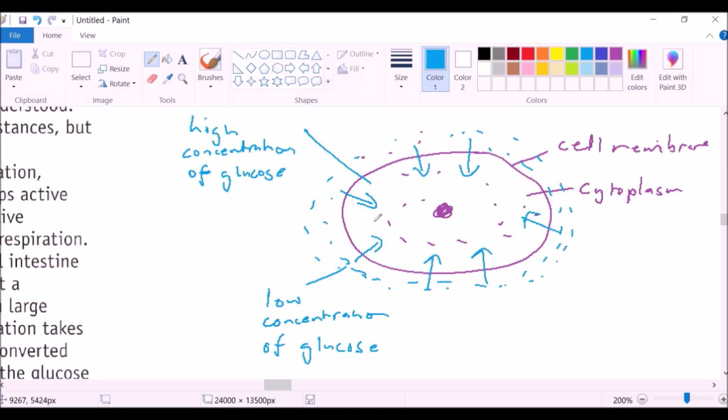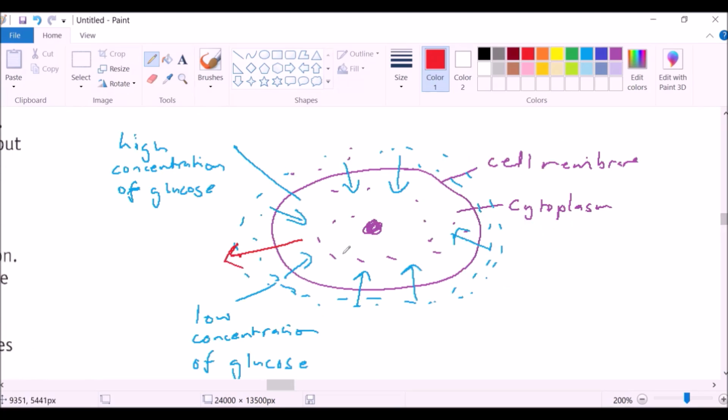Because by diffusion, glucose is supposed to move out from a region of its higher concentration to a region of its lower concentration. But active transport acts in the opposite direction to make sure that the cell gets what it wants and does not lose what it wants inside the cell. So that is the difference between active transport and diffusion.